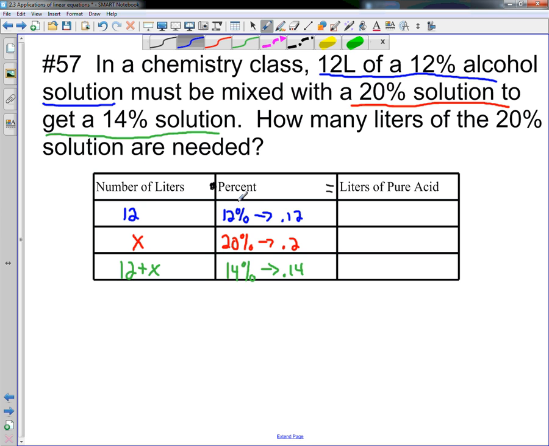Now we go ahead and multiply these together. So this gives me 12 times 0.12. That will give me the amount of pure alcohol in the first one. In the second one, again, we multiply and we have 0.2 times x. We don't know how many liters of the 20%. And the third one, we're going to take 0.14 times the 12 plus x.